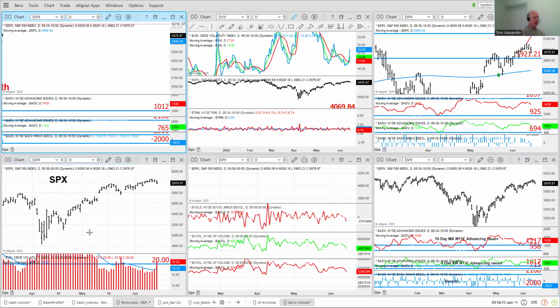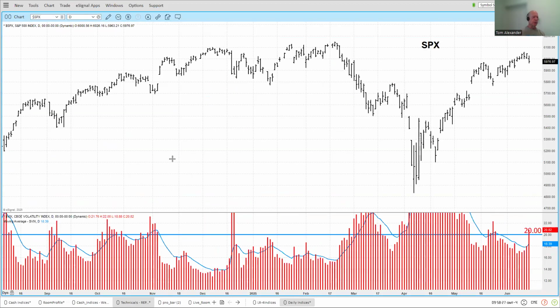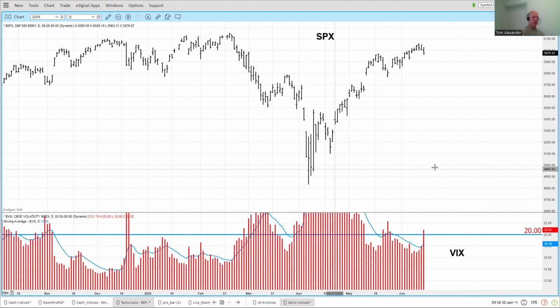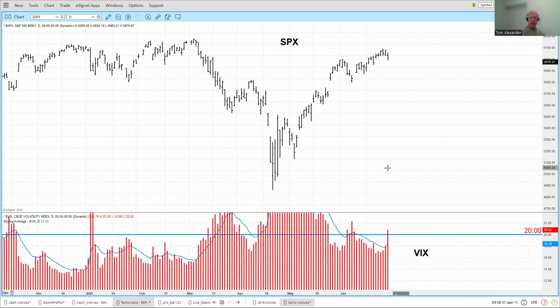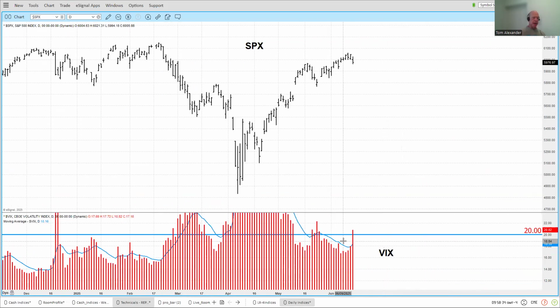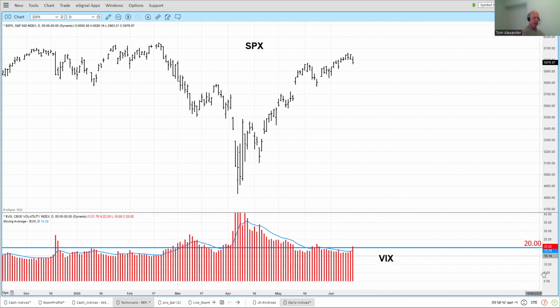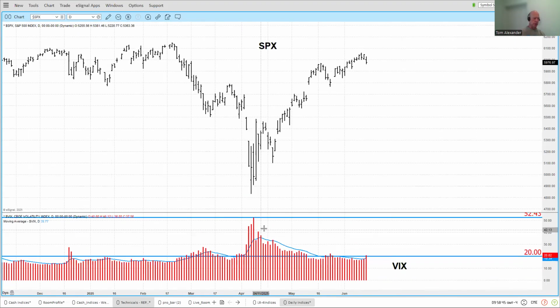And then VIX, which is reflective of concern and volatility and uncertainty, spiked dramatically last week. However, it's not extreme by any stretch of the imagination. As you can see here, it can get a whole lot more extreme.